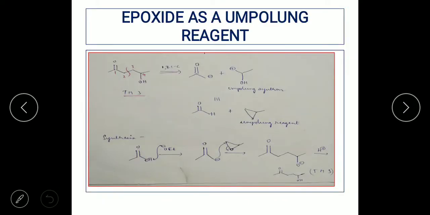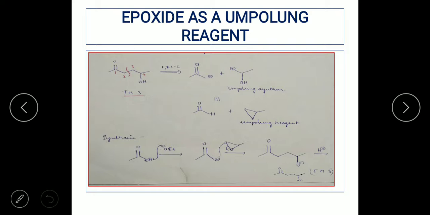Now we have another molecule, target molecule 3. Here you can again see there is a difunctional group, the ketone and the hydroxyl. All these kinds of epoxides can be used for the synthesis of 1,2 and 1,4 compounds, and that is very clear with all these examples. Now this is again a 1,2 C-C disconnection.